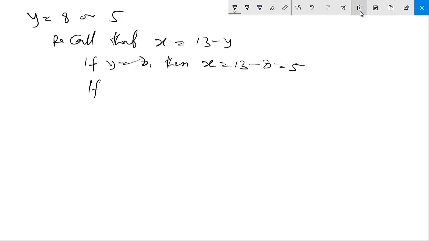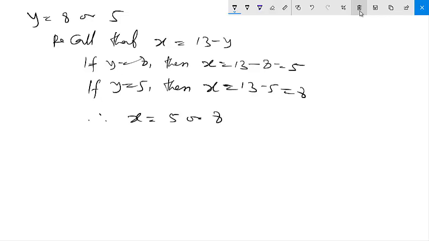We say the value of y is 8 or 5. Then if y is 5, then x is 13 minus 5. That will be 8. Therefore, x also is 5 or 8.